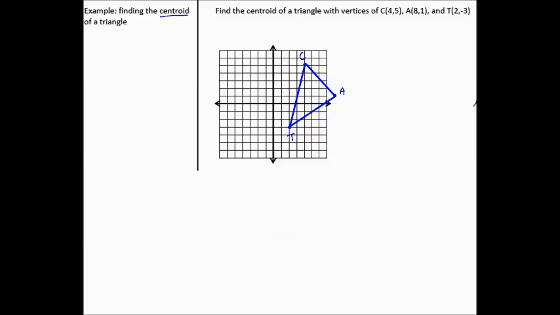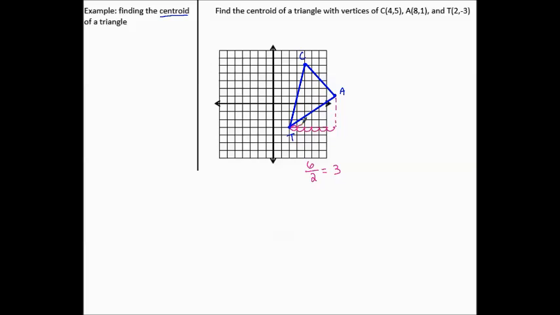Now, let's take a moment and locate the midpoint from T to A. To do this, we can draw a right triangle, and we can either count the height or the x distance between these 2 points. So let's count down here. 1, 2, 3, 4, 5, 6. So if I want to find the middle of 6, I'm going to divide it by 2, which is 3 steps.